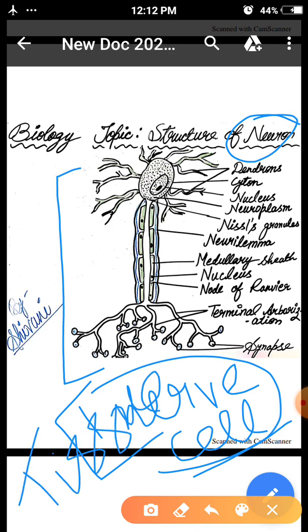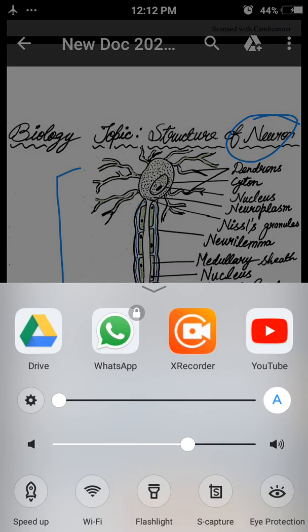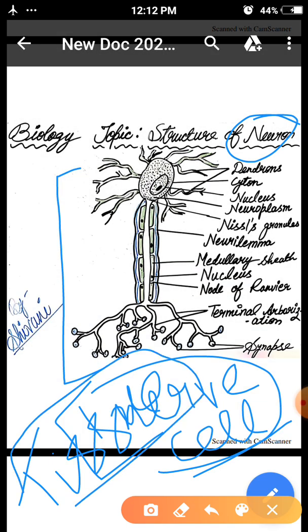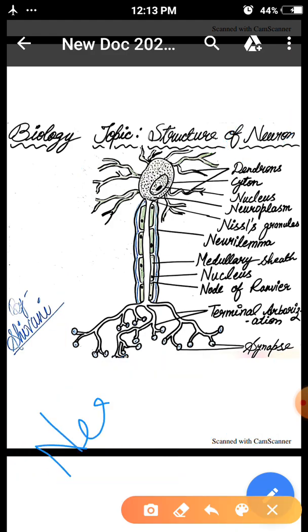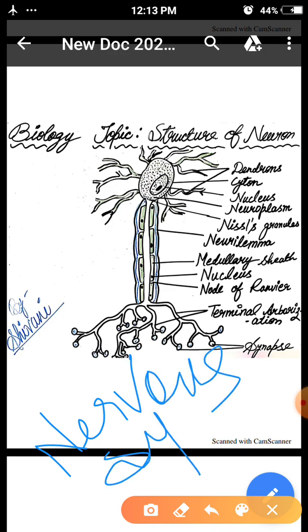When this nervous tissue is formed, then a system is formed called the nervous system. So what is the nervous system made up of? By the units of nerve cells, the nervous tissues.